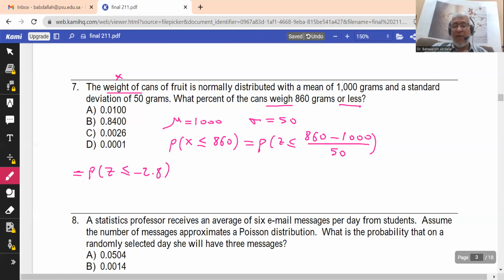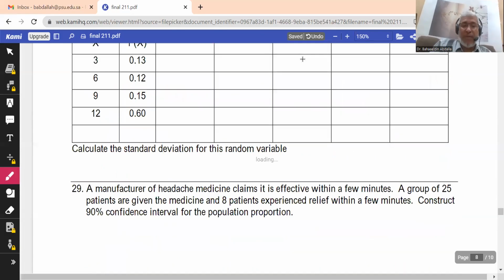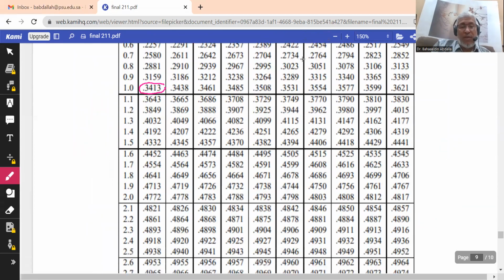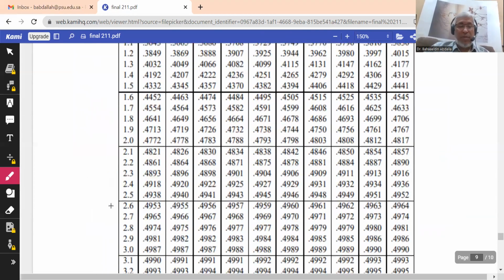And we have seen that you can find it from the z table. If this is 2.8, this value you can find from the table. So the probability would be 0.5 minus the value at 2.8 from the table. This is the probability between 0 and 2.8, 0.4974.